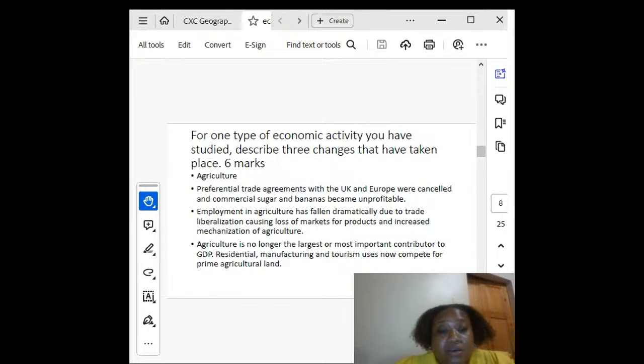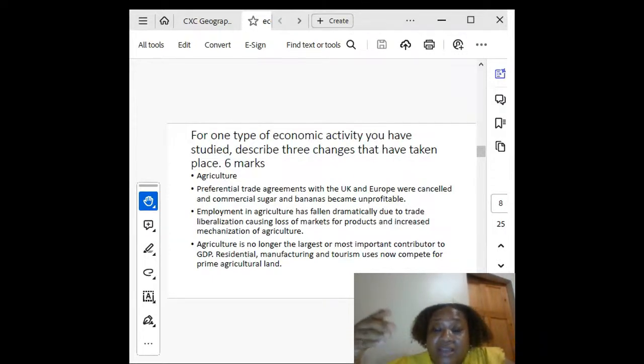In terms of that, where you lost markets in terms of sugarcane, people also lose their jobs. So unemployment in the agriculture industry rose as a result of the closure of these sugarcane cultivation estates and industries, and also a lot of the sugarcane before they closed down, they were mechanized, meaning they used more machinery.